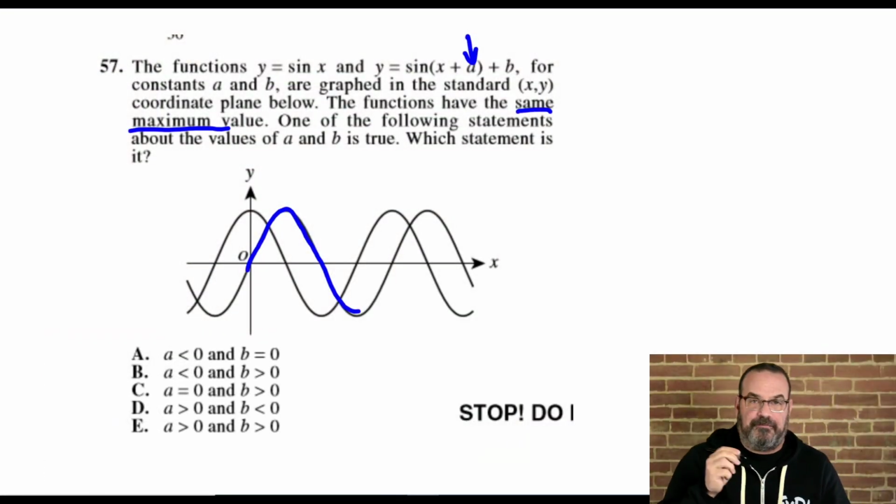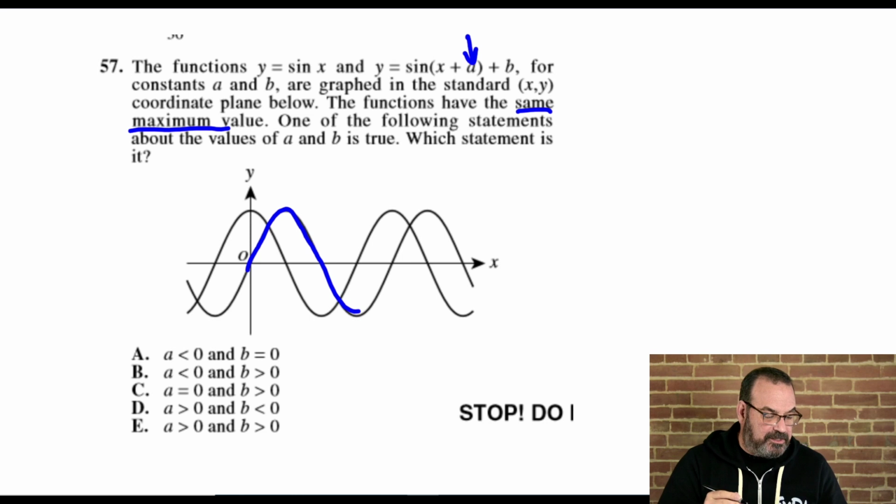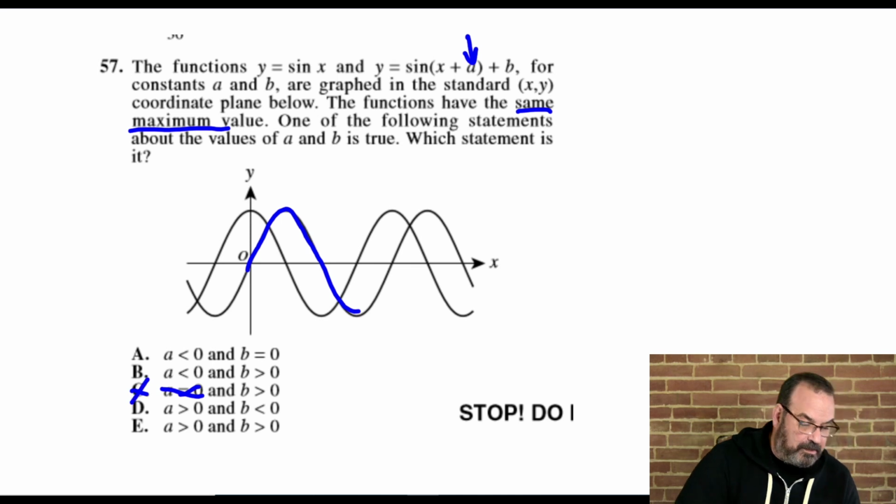So a moves it horizontally. If you watch my video on trigonometric functions, this will be covered in it. We don't know if a is greater than 0 or less than 0. It's one way or the other. It's certainly not 0, so C is wrong.